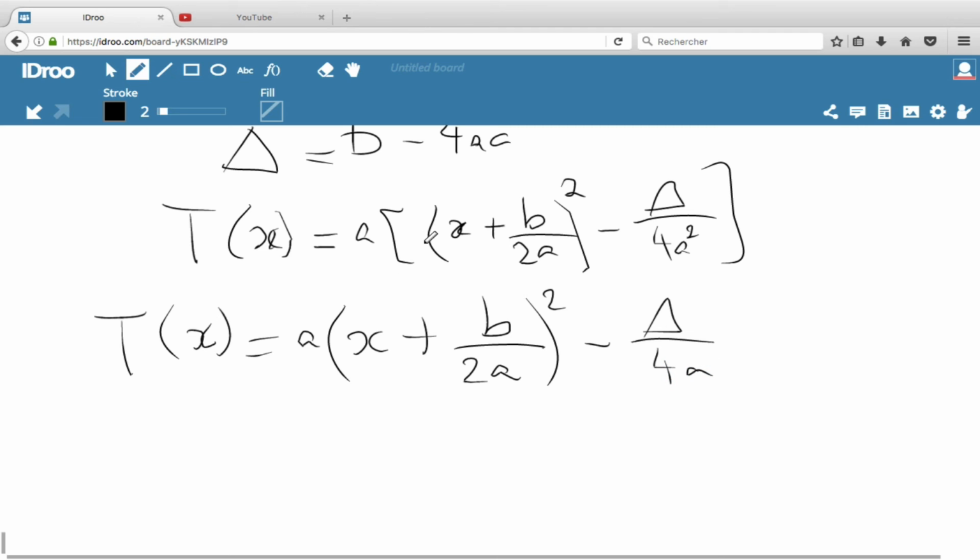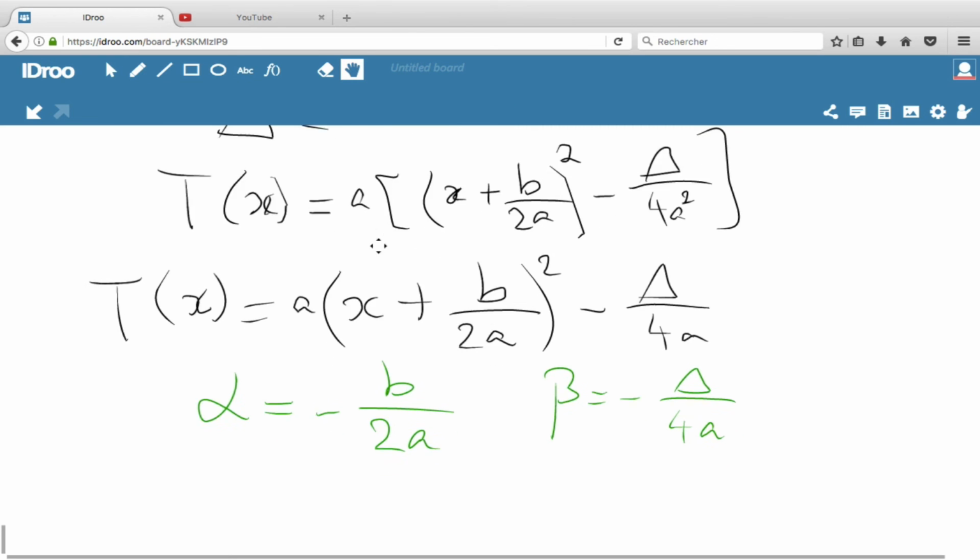Okay, and we can make two changes. We get alpha equals minus b over 2 times a, and beta equals minus delta over 4 times a.